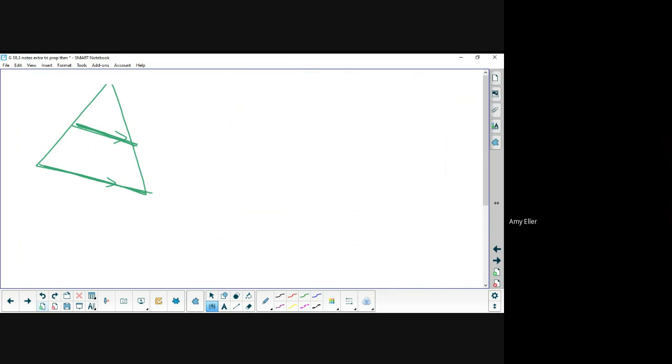I know the triangles are similar because there's parallel sides, which means corresponding, and they overlap at the top. Let's write these numbers in.